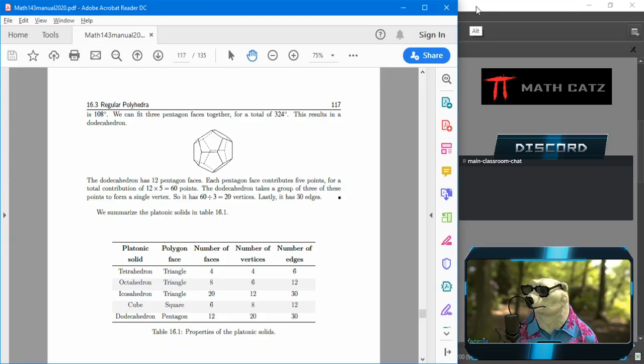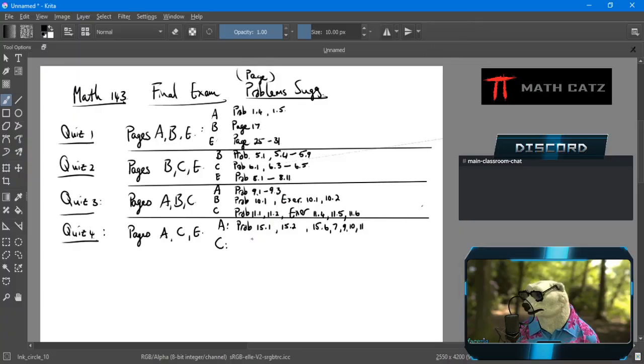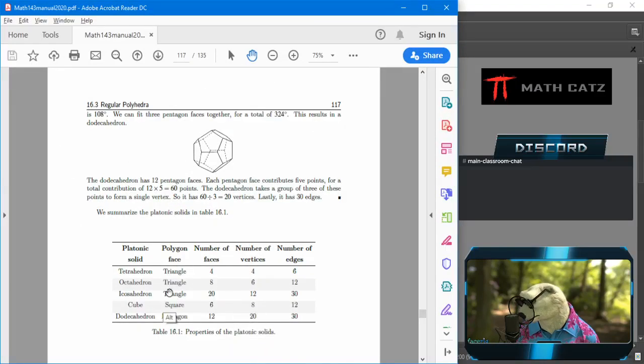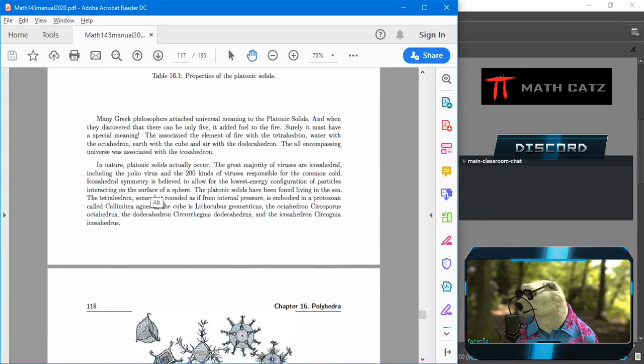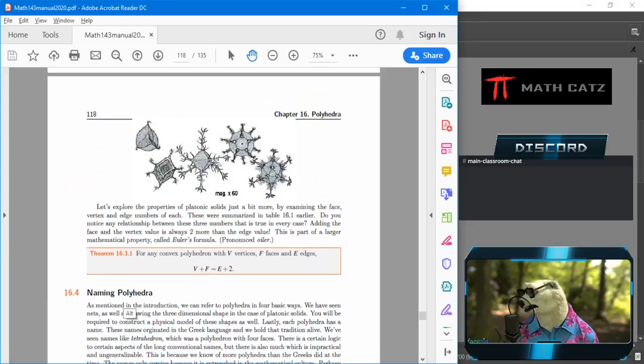Let's just say pages 116 and 117. And don't forget vertex figure names, which are discussed.